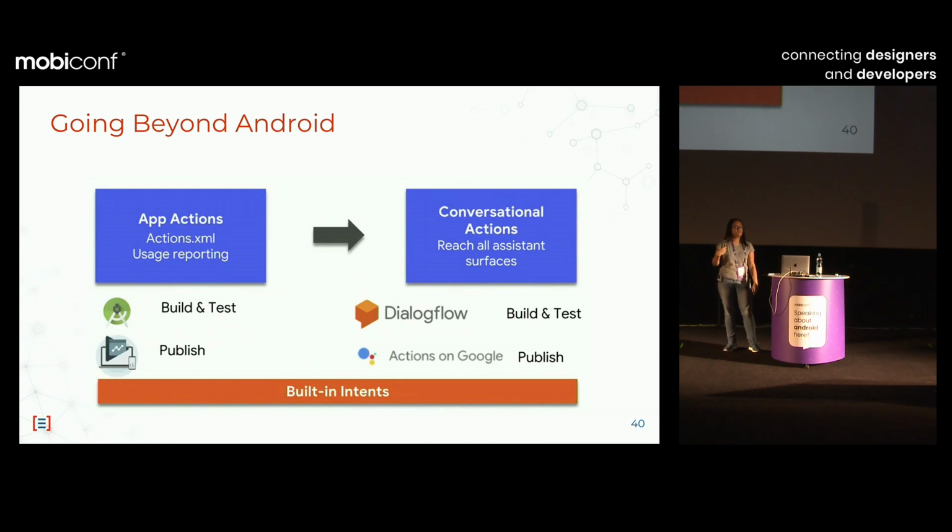This is where you build and test, and even if you'd like to build a really rich experience, you can have a webhook linked to it and do API calls or database calls. So this is the developer tool for building conversational actions, and when it's ready, you can publish to the Actions on Google platform.